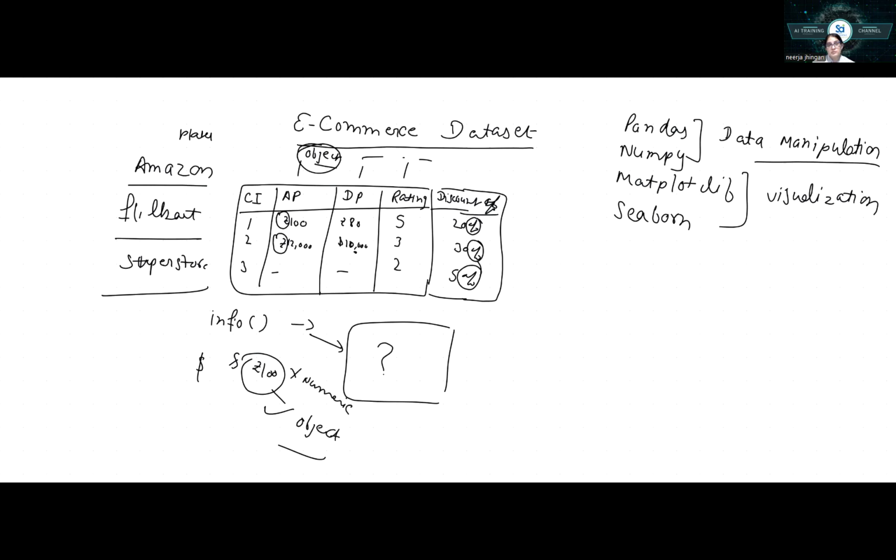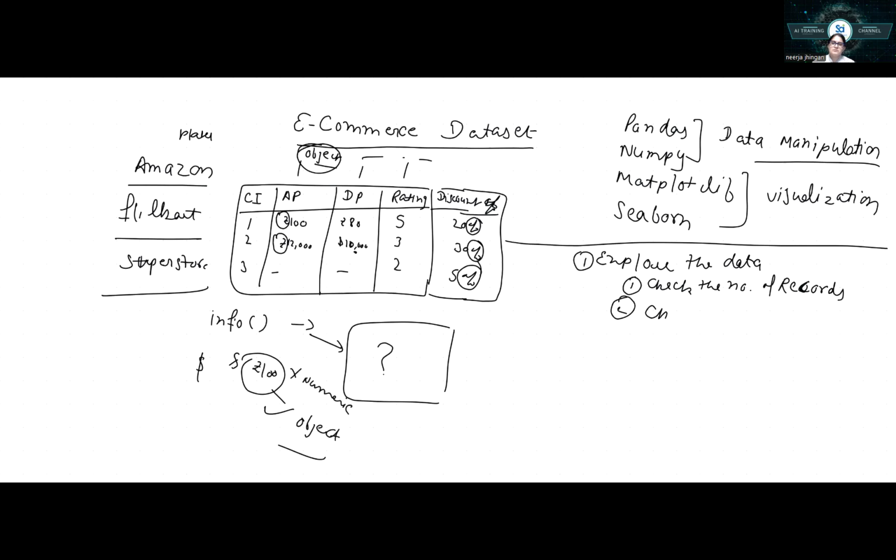Then we will do the visualization, clean it, and handle the missing values. Okay. So again, what steps are we going to follow? First, we will explore the data, in which you will check the number of records. Second, check for missing values.